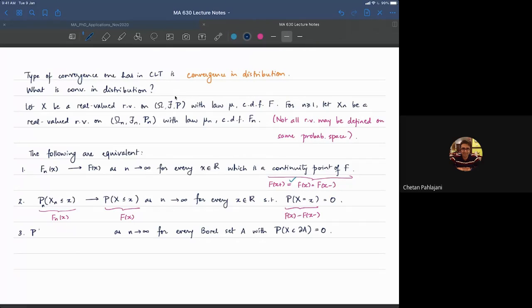So P of xn in A converges to P of x in A. Yeah, this is correct. So as you can see, the second property is a special case of the third one. The second one is obtained when you take A equals minus infinity to x. So 3 is basically a generalization of 2.